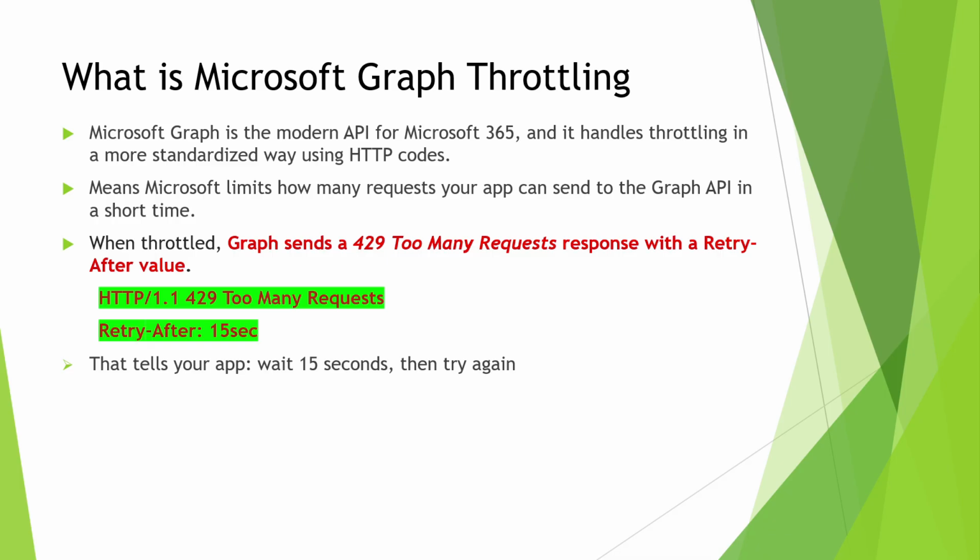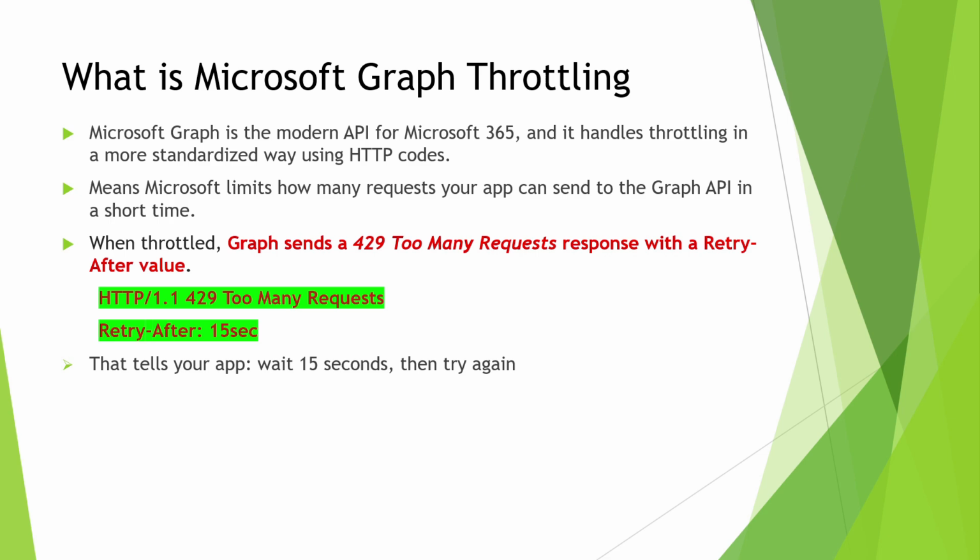To do this, Graph uses a system called throttling. When your app sends too many requests, Microsoft Graph does not block you completely. Instead, it sends back a special HTTP error like 429 too many requests. This error message tells you that you are hitting the limit. Stop sending requests for now.